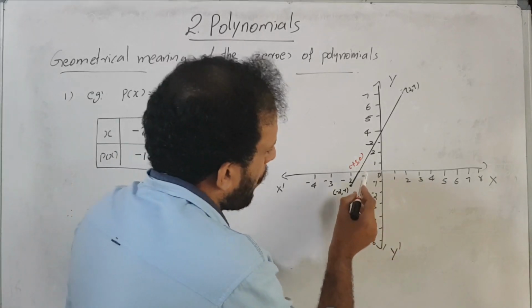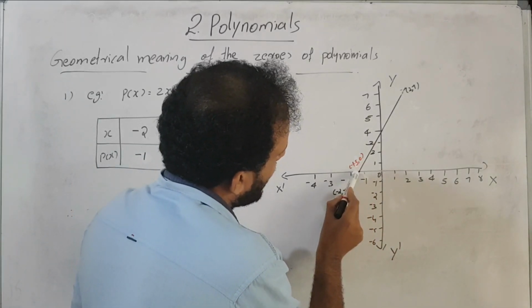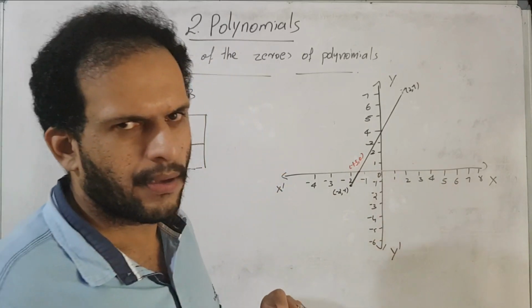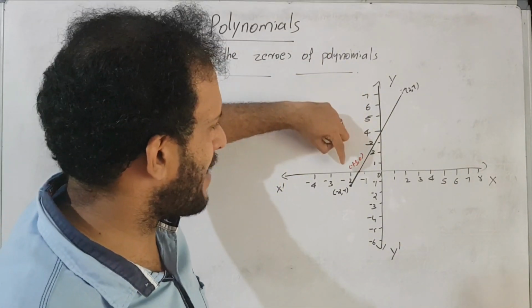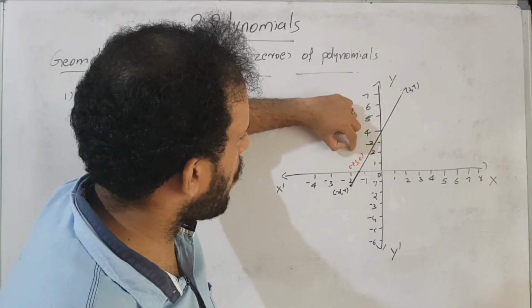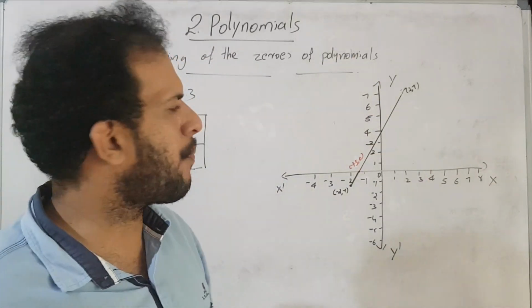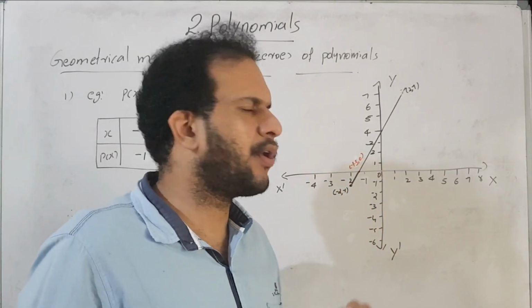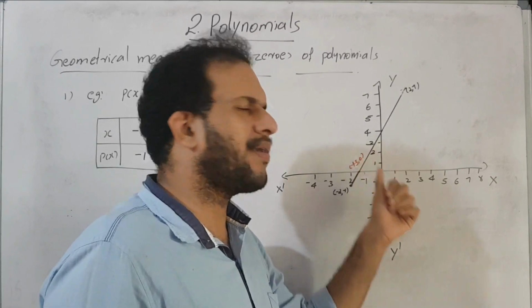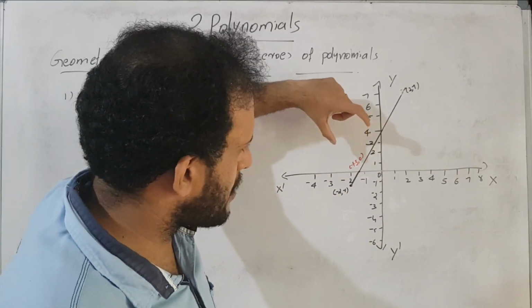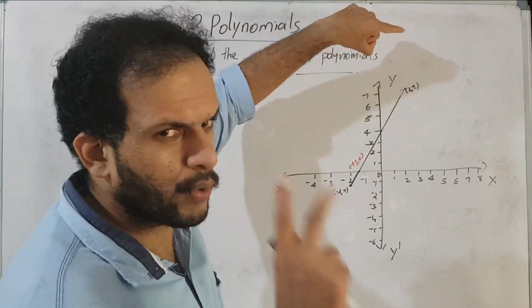Here, suppose this graph intersects the x-axis at minus 1.5. So the coordinate is (minus 1.5, 0). Why? Because the point lies on the x-axis, and we know that the y coordinate is 0.